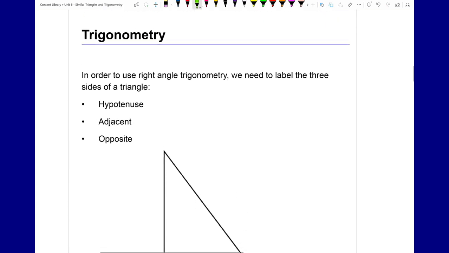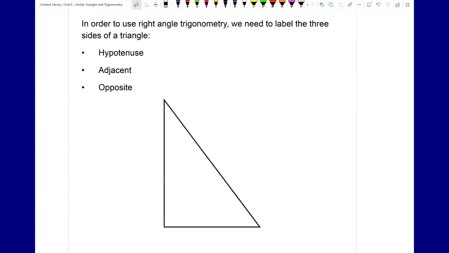So again, with right angle trig, we need to label our three sides. We should remember this from the last one. We have our right angle in the bottom corner. Across from our right angle is our hypotenuse.